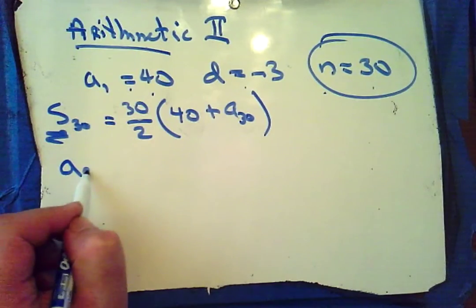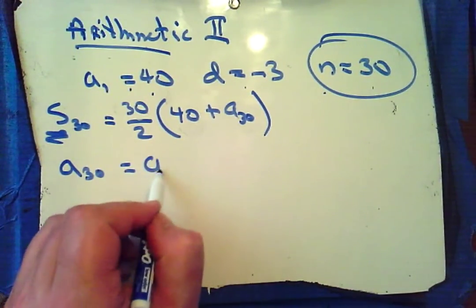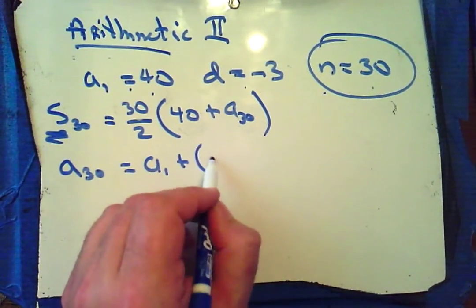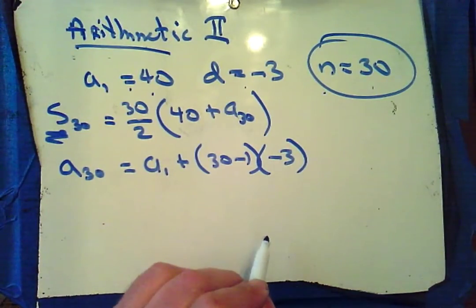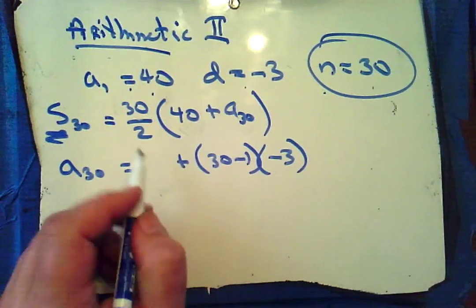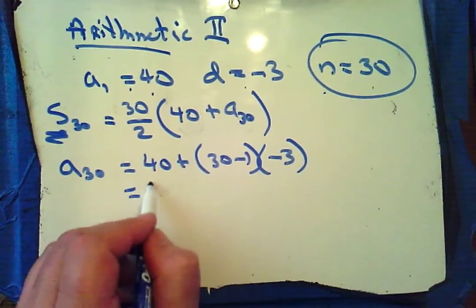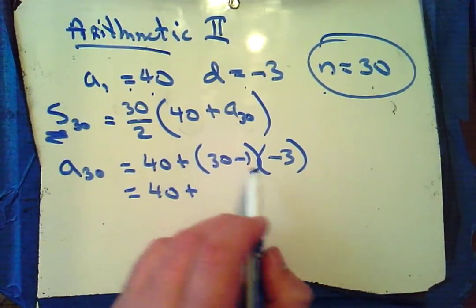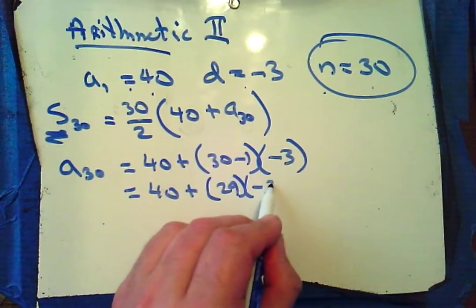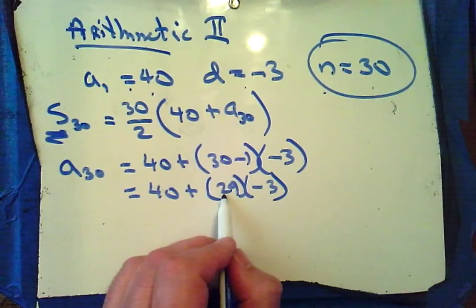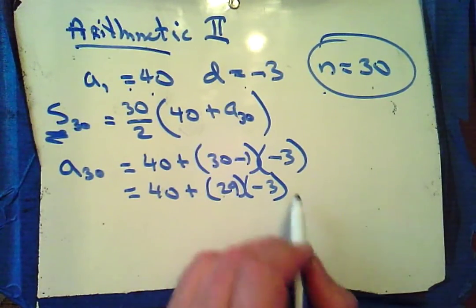Well, we remember that a sub 30 is a sub 1 plus 30 minus 1 times negative 3. We know a sub 1 is 40, and so we can say 40 plus 29 times negative 3, which is negative 87.